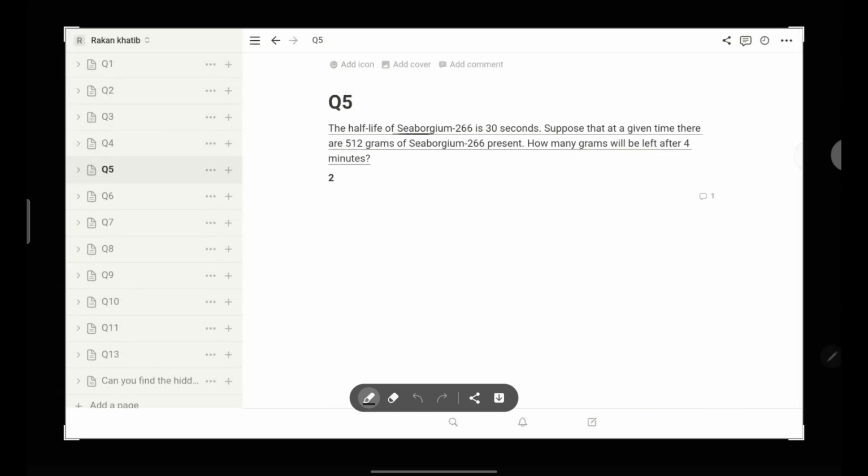This question, they gave us this element and they gave us the half-life. They're trying to figure out how many grams would be left after a certain amount of time. So we know that the equation is mass after equals mass before times 0.5 to the power of time over half-life.